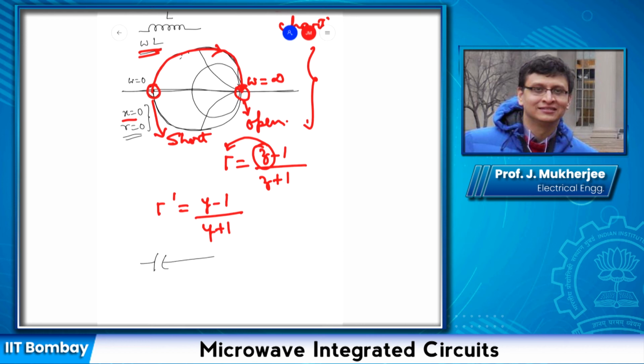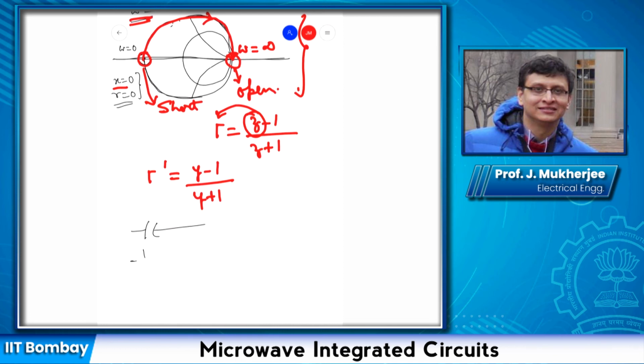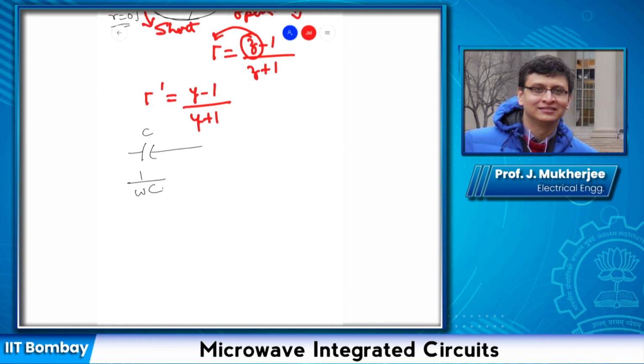So a series capacitor is like this. The magnitude of the reactance offered by this capacitor is given like this.